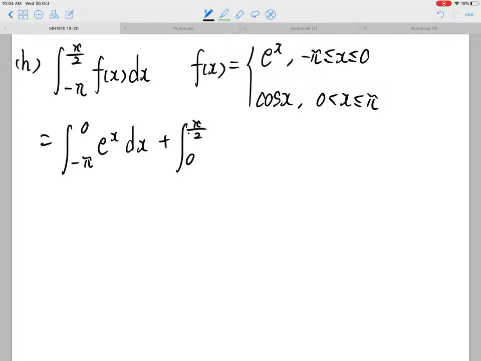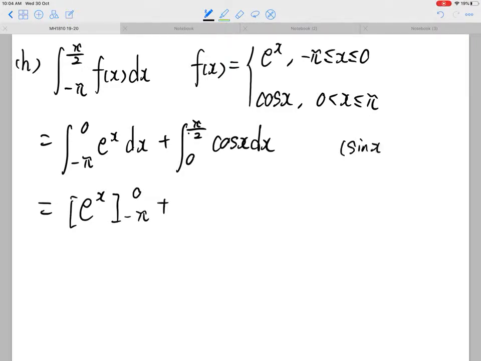The function is cosine x. So here, the integration of e to the power of x is still e to the power of x, from negative pi to 0. Sine x's derivative is cosine x, so cosine x's integration is sine x from 0 to half pi.